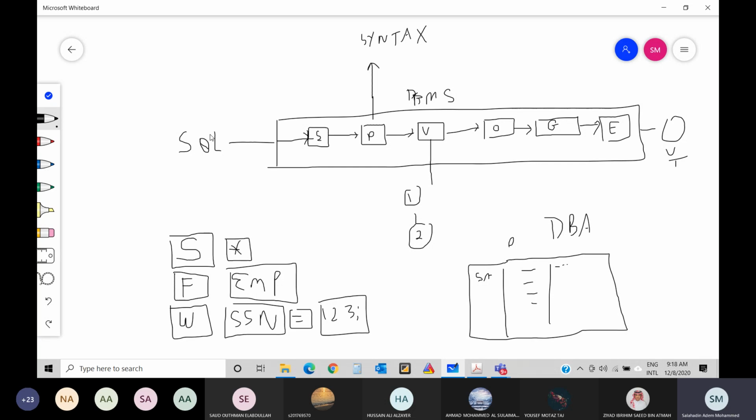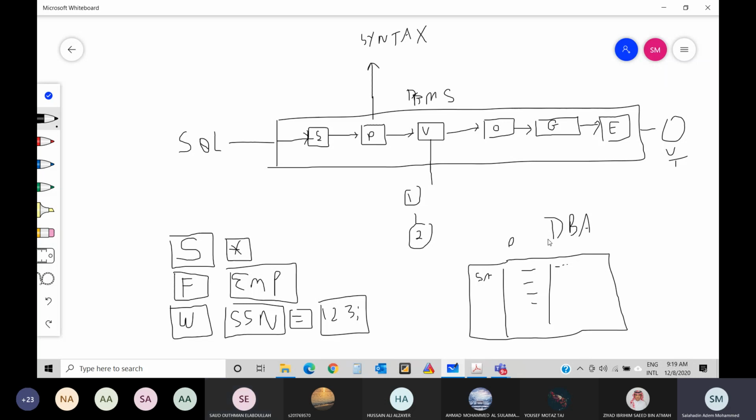Then when you write an SQL statement, the validator will go to this table and check whether you're allowed to see this table and that column in that table or not. This is called privileges. These privileges are populated by the DBA. Does that answer your question? Yes, it does, sir. Okay, very good.